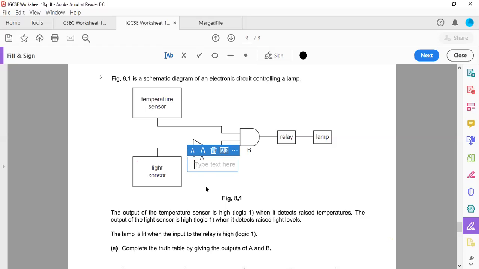What's the name of this gate here? Anybody can tell me? A NOT gate, good. So this is a NOT gate. This one here at point B, what type of gate is it? An AND gate, good.